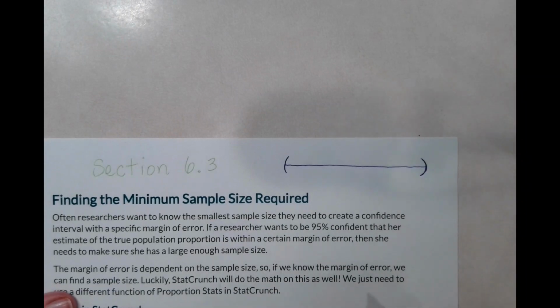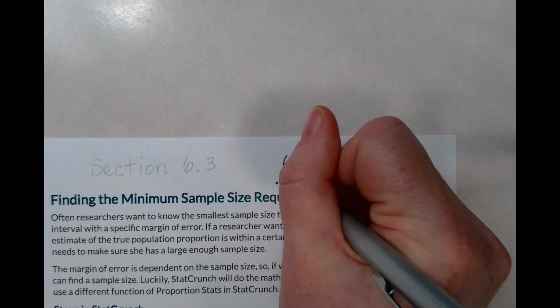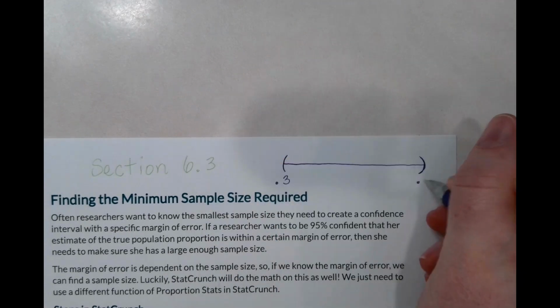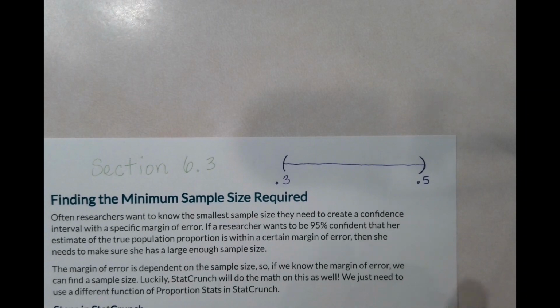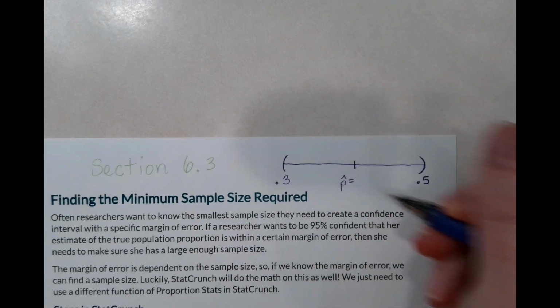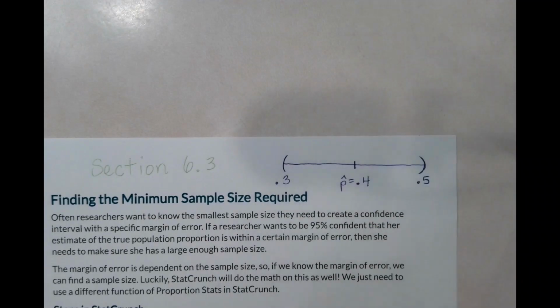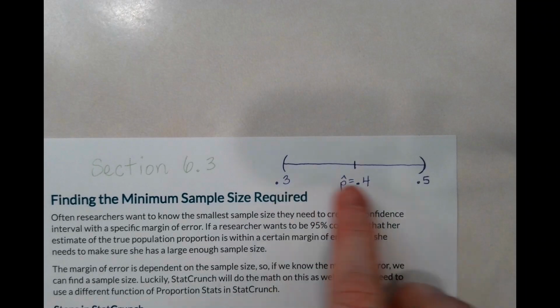I'm going to just use some nice numbers like 0.3 and 0.5. That means that my middle there would be p hat, which would be, in this case, 0.4, because 0.4 is halfway between 0.3 and 0.5.